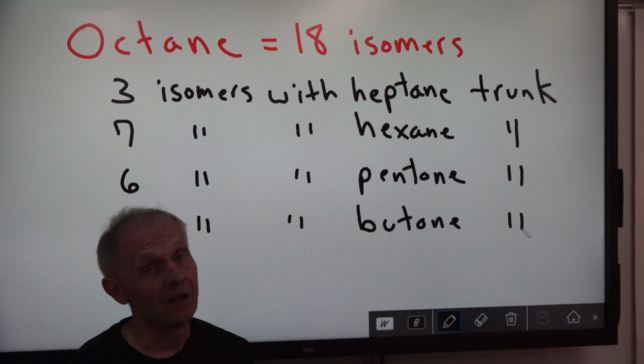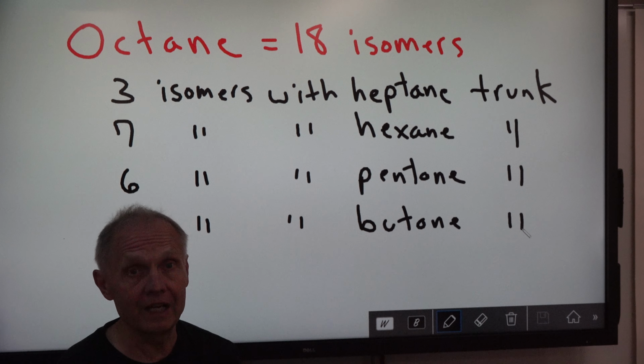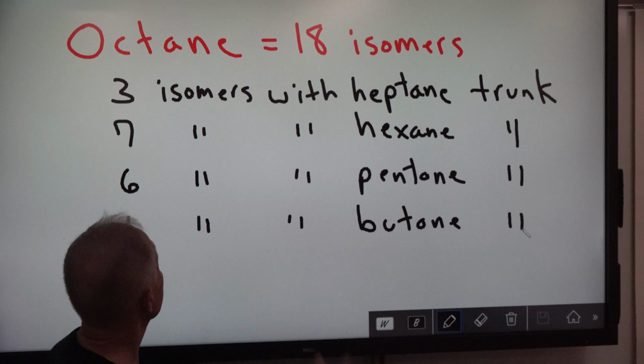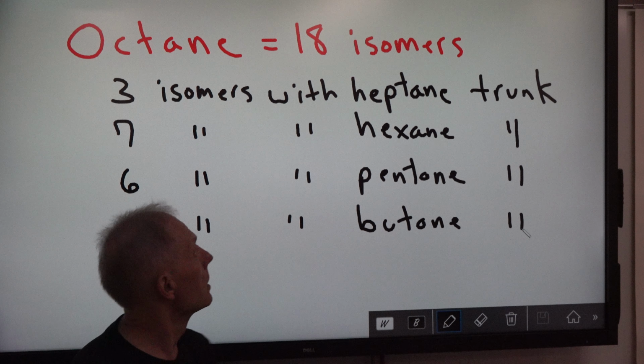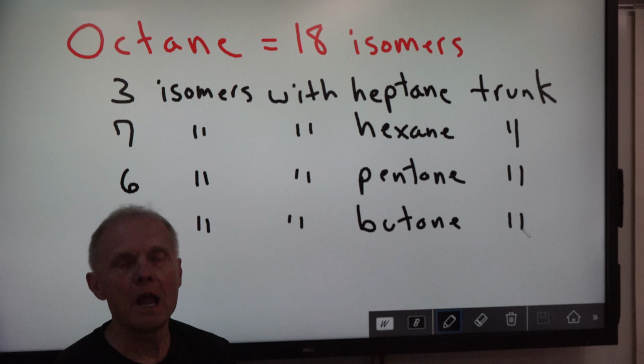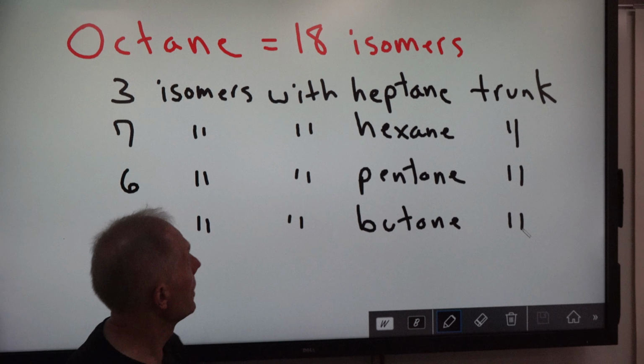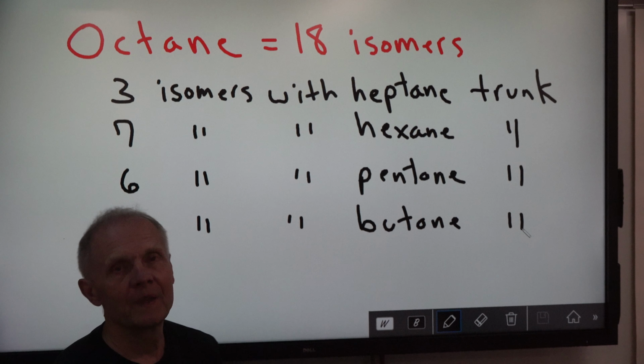Now, only the people that really understand how to do this should do this as bonus. Your homework after Memorial Day is just do the isomers of heptane. Now, there are only 8 isomers of heptane that you have to do.